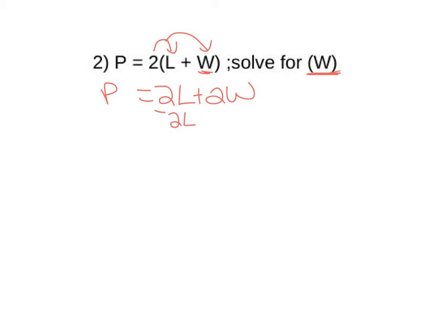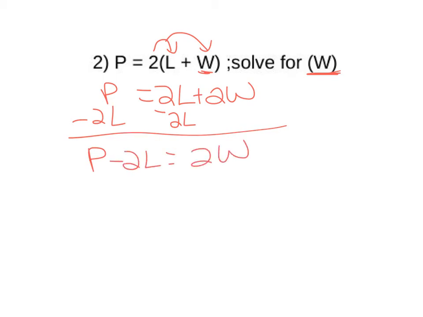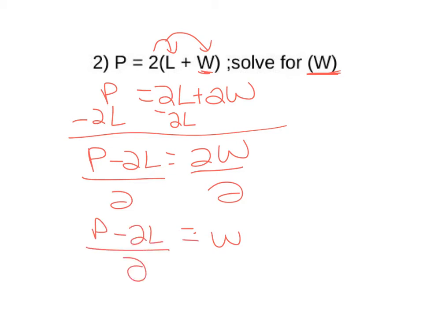This now allows us to start isolating the W. So what are we doing with that 2L? We're going to subtract that from both sides. And then lastly, if we have this 2 times W, we're going to divide both sides by 2. Now, when we get this (P minus 2L) divided by 2, technically we have that solved and that W isolated.